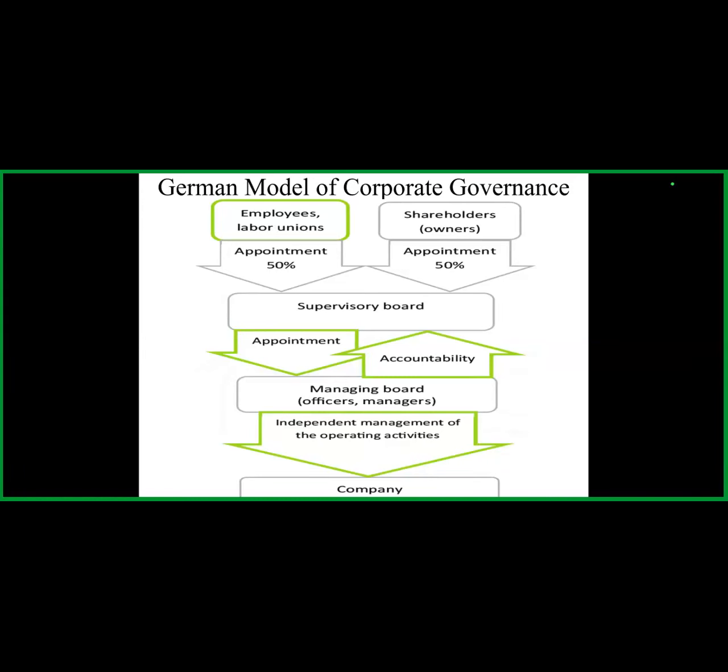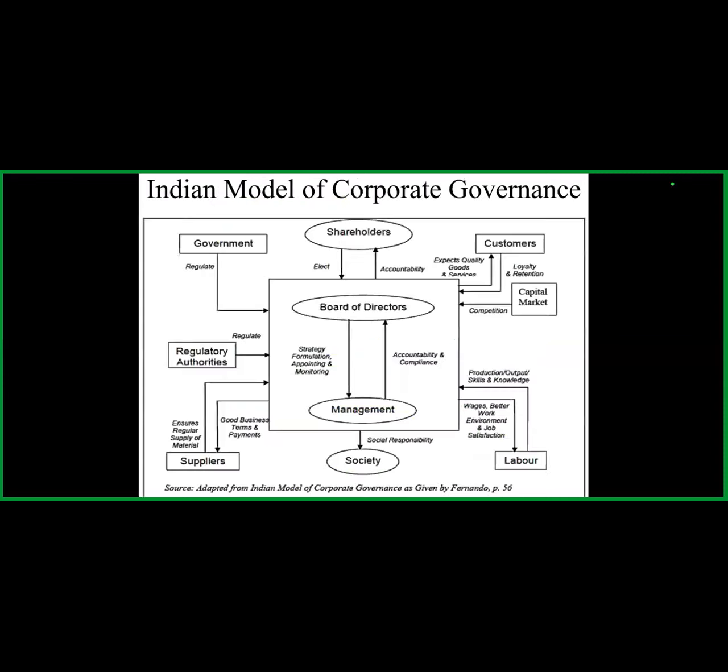Now, the next model of corporate governance is the Indian model of corporate governance. In the three models which we had discussed, the stages and levels were very few because decentralization is practiced more in those three countries as compared to India.